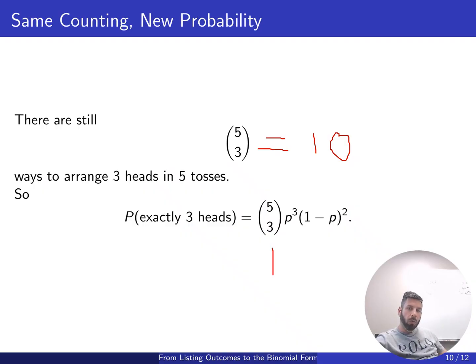And so this gives you an easy way to memorize this formula. This is the total number of ways that you get favorable outcomes. These are the number of favorable outcomes, and these are the number of unfavorable outcomes.